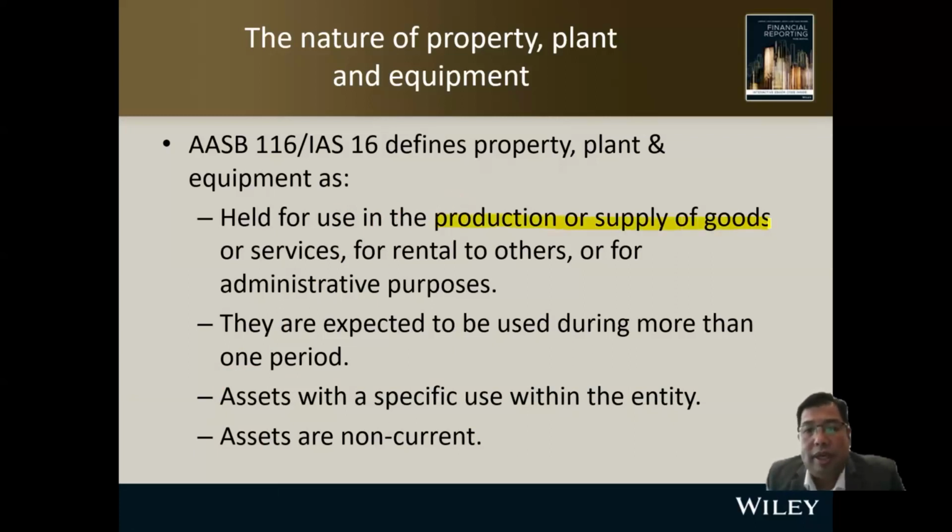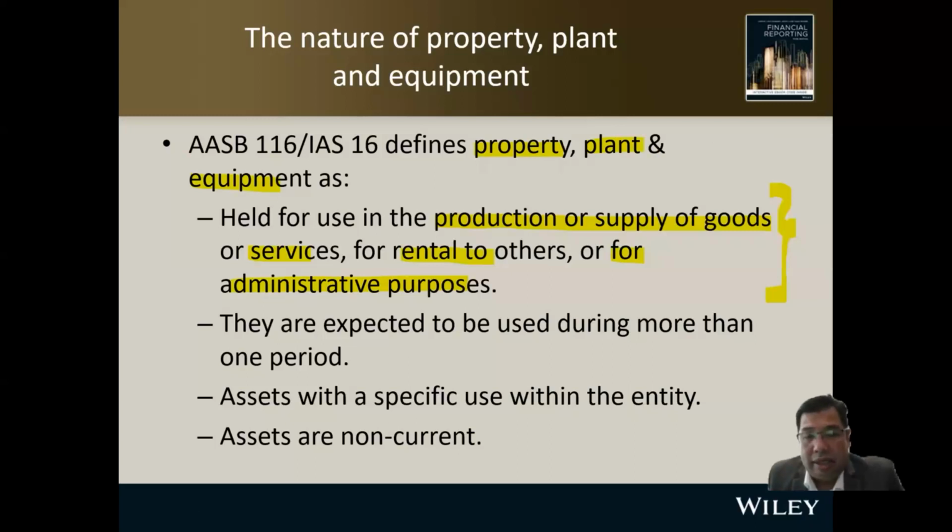For example, a machine used for production or services or for rental, maybe a building, or maybe for administrative purposes. So all these items with this kind of usage fall under property, plant and equipment.